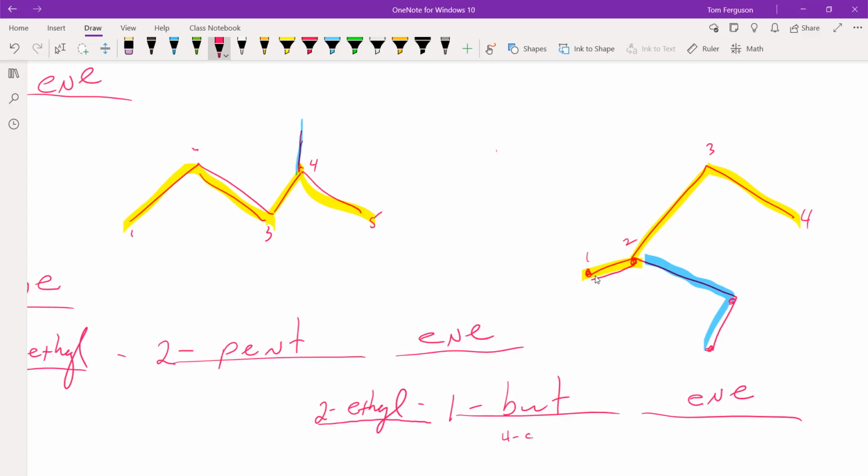Okay. Now this backbone numbering, the top to the bottom, that would not include the double bond. It says, why can't you go from top to bottom? You mean like that?